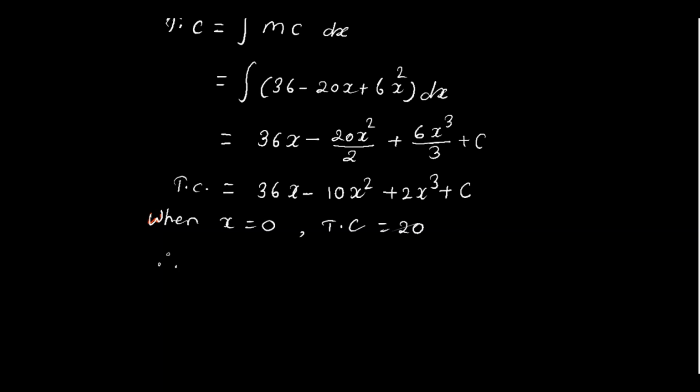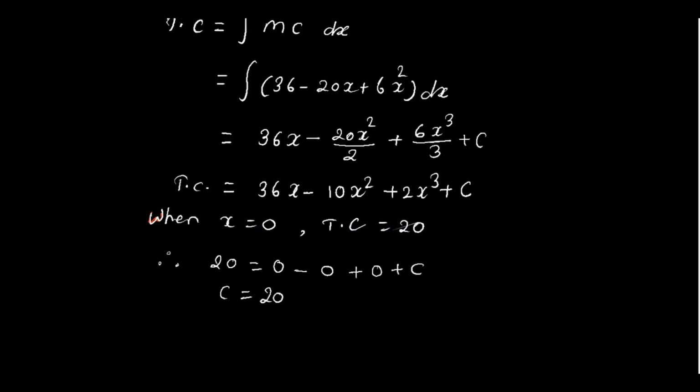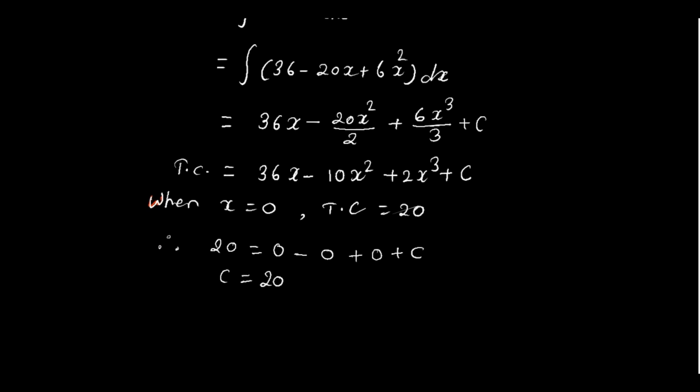Therefore, substitute the value of total cost, which is 20, equals 36 into 0 which is 0, minus 0 plus 0 plus c. Substitute the value of x as 0. So I get c equals 20. Now substitute this value in the total cost function.